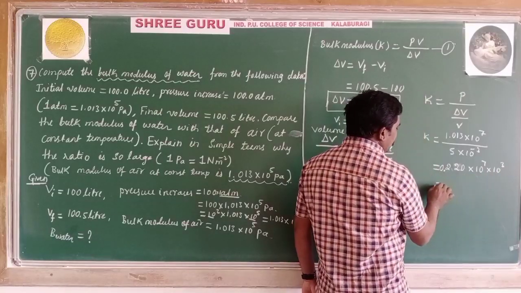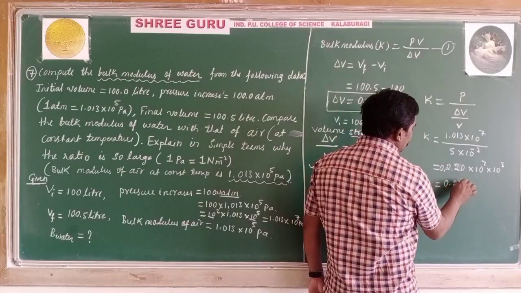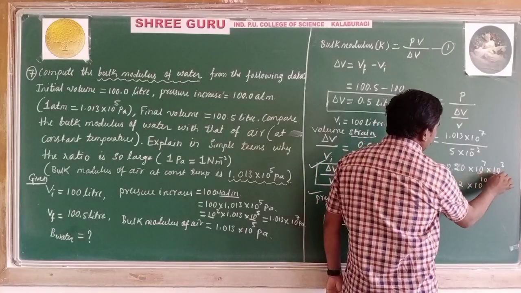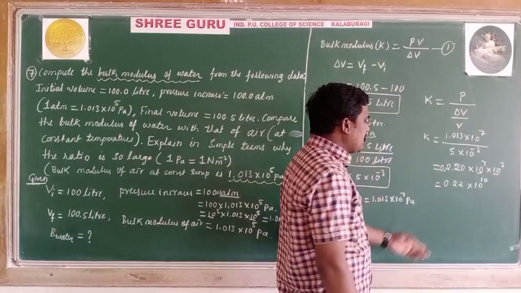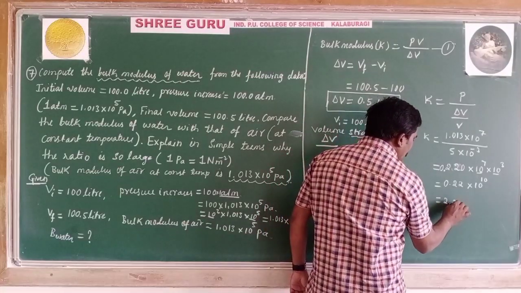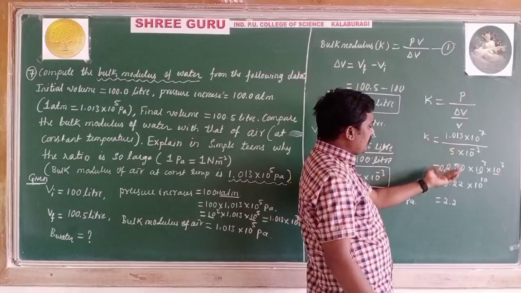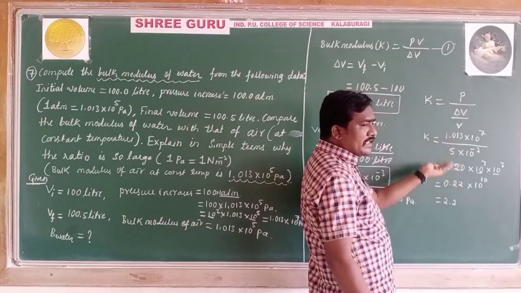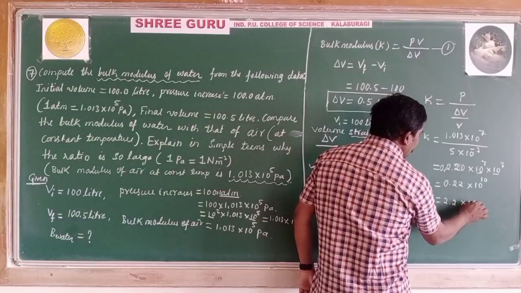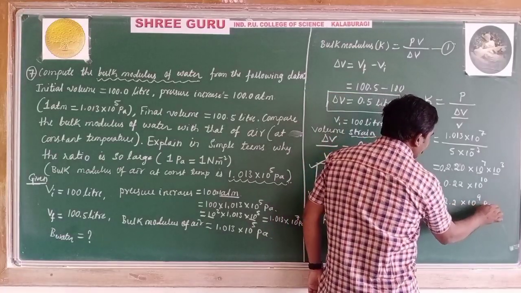Bases are the same, so powers should be added: 0.22 into 10 to the power of 10. 7 plus 3 is 10. Now we can convert it to 2.2 approximately. You calculate yourself; I calculated approximate values, that is 2.2 into 10 to the power of 9 Pascal.